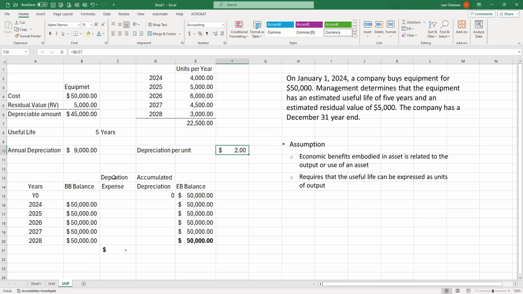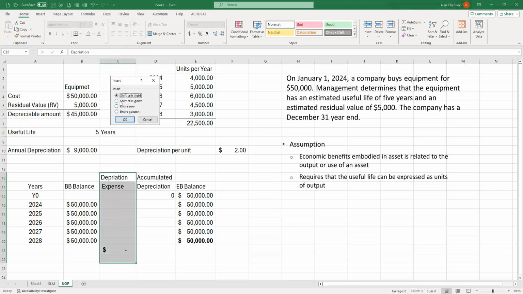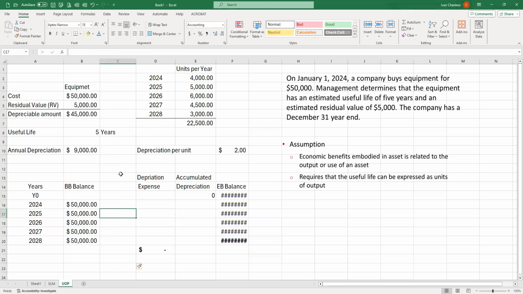So we have to do a slight modification in our chart here. In order to get the depreciation expense, we have to insert a new column, which we're going to call units produced, or units of production.